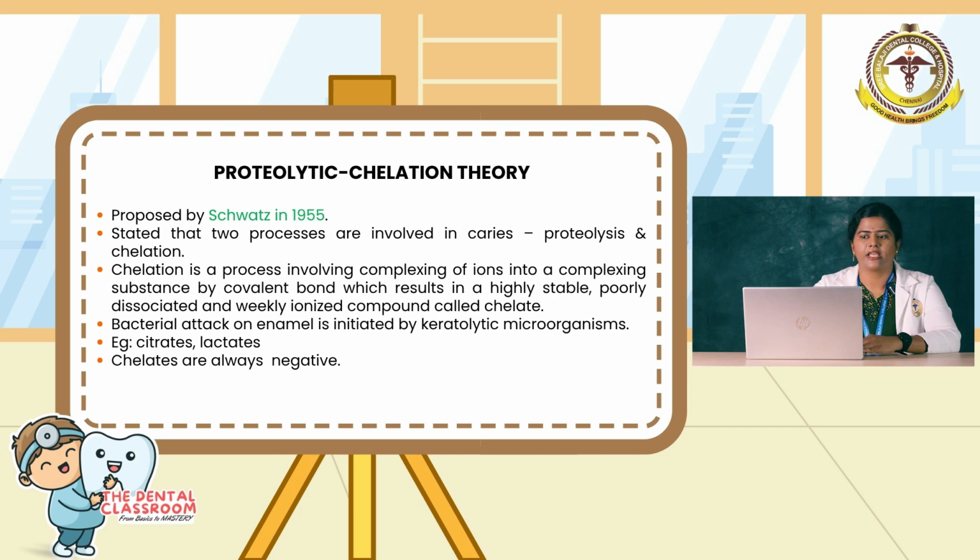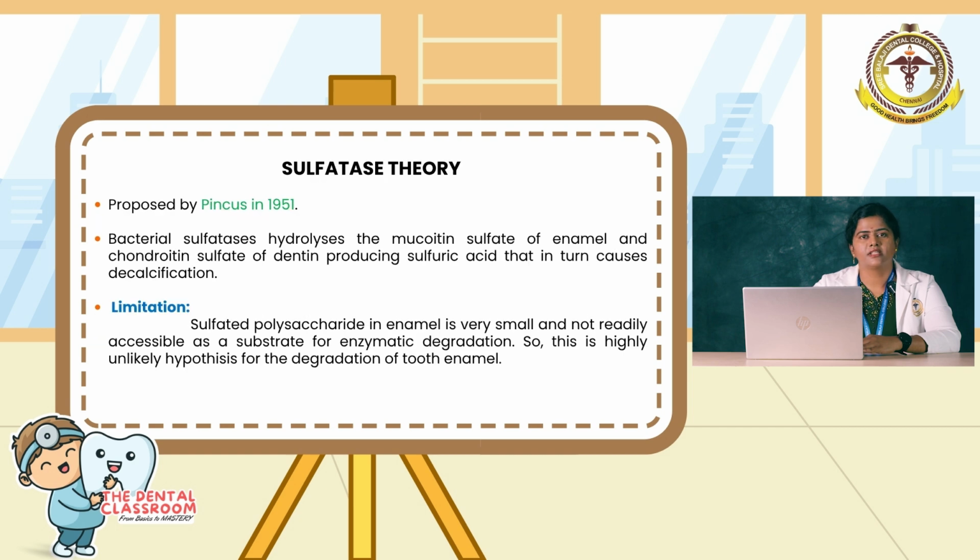Chelation is a process involving complexing of ions into a complexing substance by covalent bond, which results in a highly stable, poorly dissociated and weakly ionized compound called chelate. Bacterial attack on enamel is initiated by keratolytic microorganisms, for example citrates and lactates. Chelates are always negative.